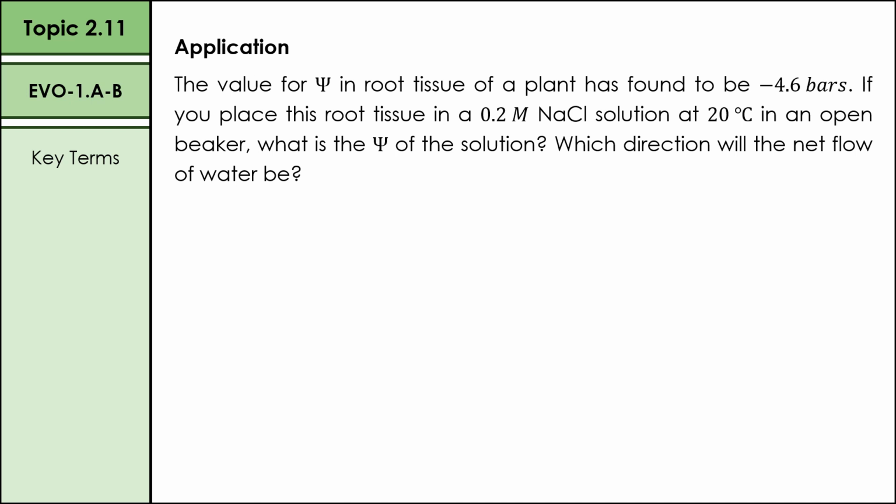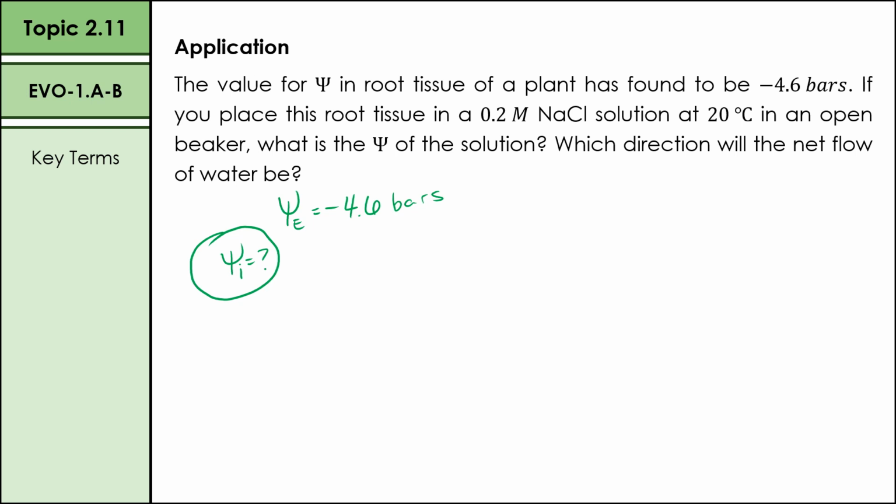So we have a cell, specifically a root tissue cell, and one of the things that I ask you in this application question is to figure out what the solute potential is inside of our cell. And then outside of our cell, I give you that it is negative 4.6 bars.